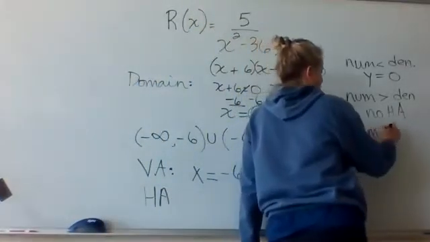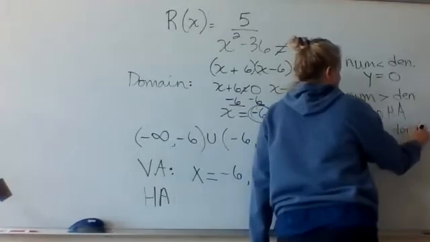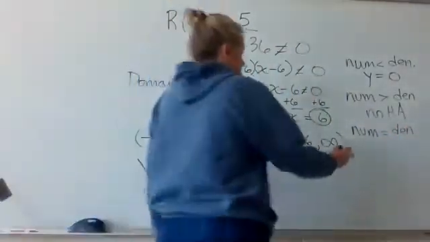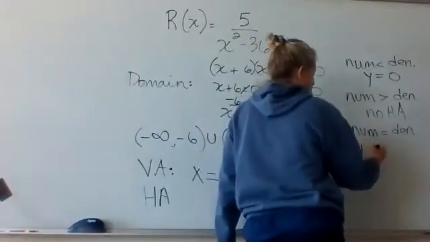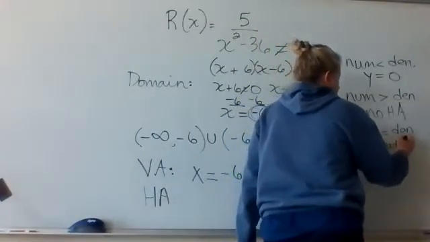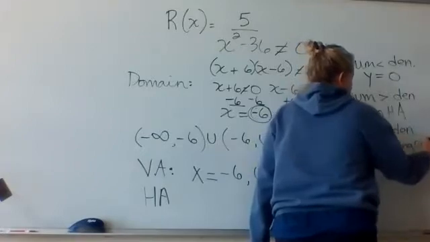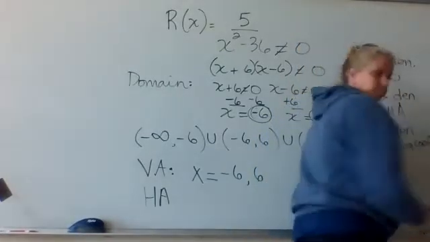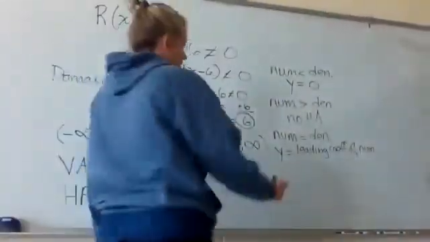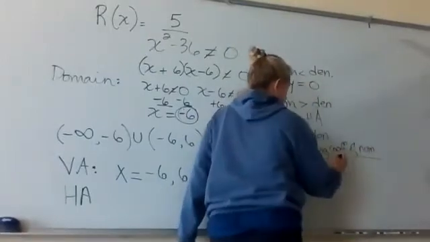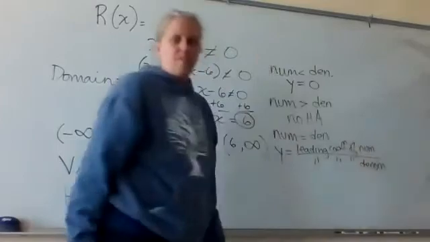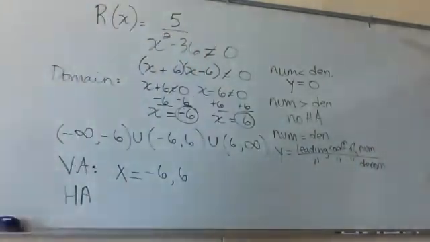If the degree of the numerator equals the degree of the denominator, your horizontal asymptote will be at y equals the leading coefficient of the numerator over the leading coefficient of the denominator. Okay, so that's kind of an abbreviated version of what I sent you.